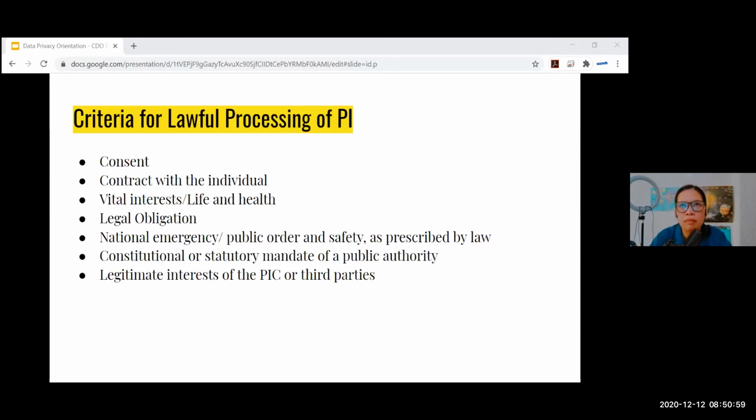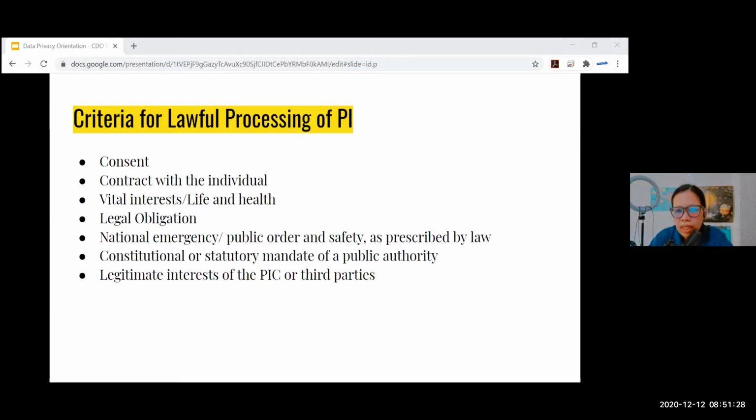A few examples are the Insurance Commission and AMLA. They can process your information without you even knowing it. Why? Because that is lawful. It's a legal obligation, part of their mandate. So there are actually exceptions to the law.